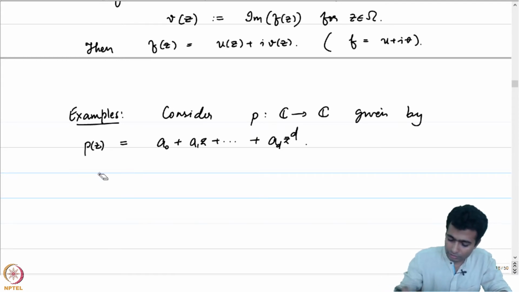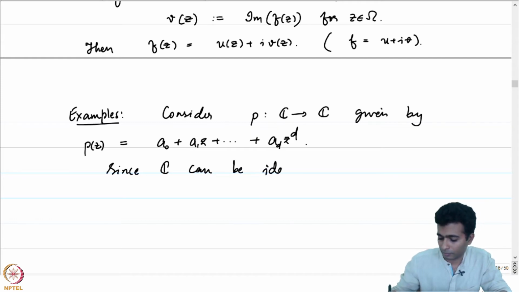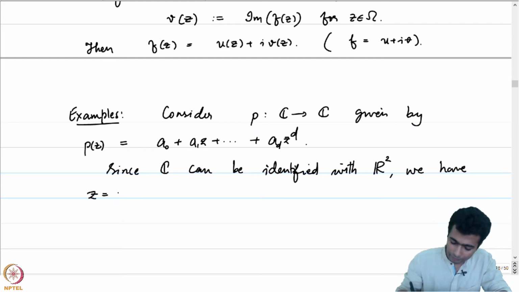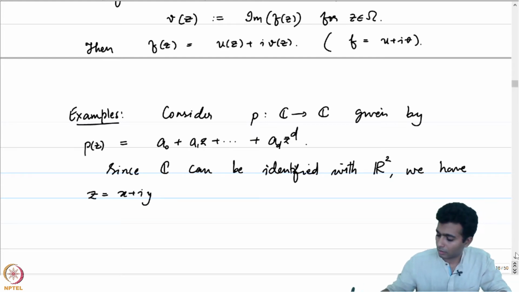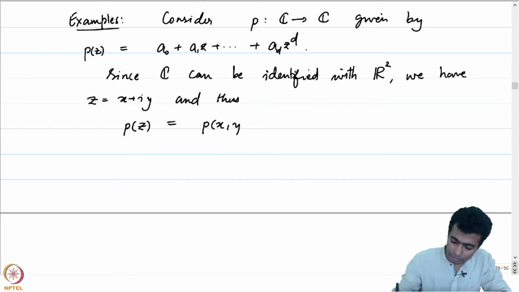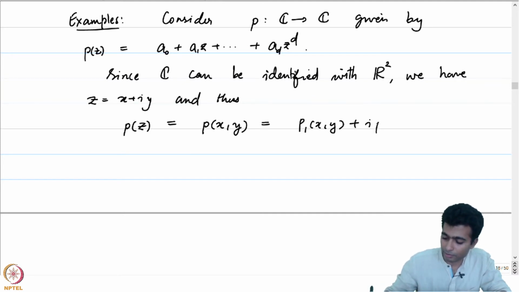Since C can be identified with R2, we have z is say x plus iy, and thus P of z can be thought of as a polynomial in these two variables, which is captured in P1 of xy plus i times P2 of xy.